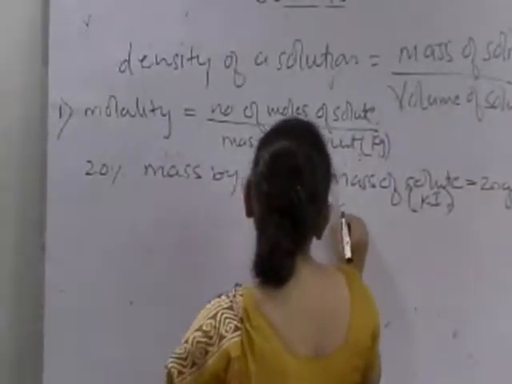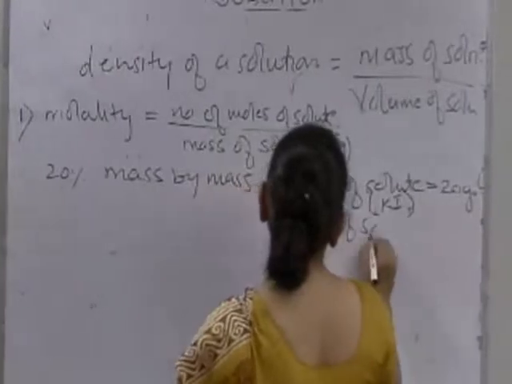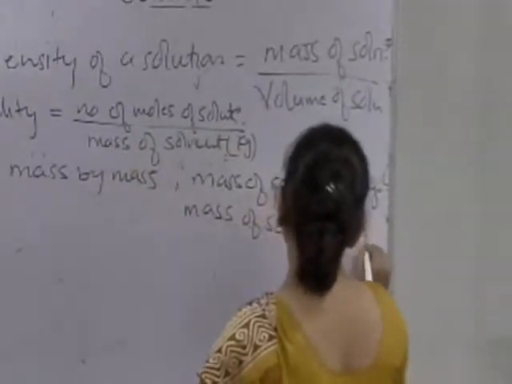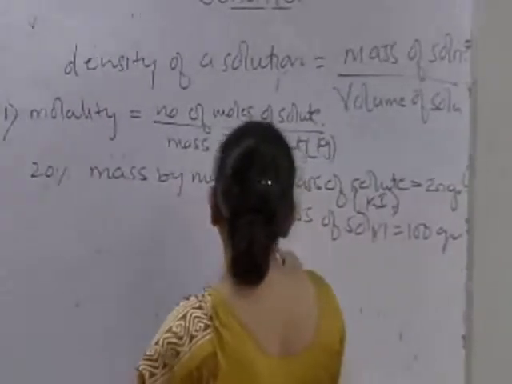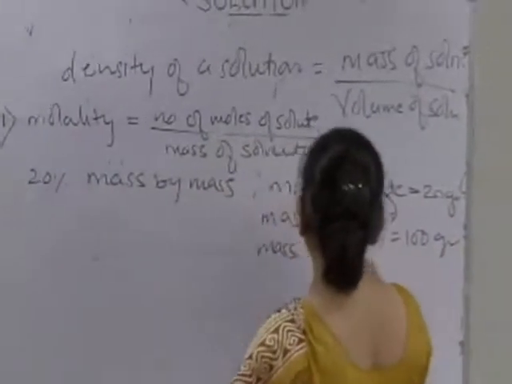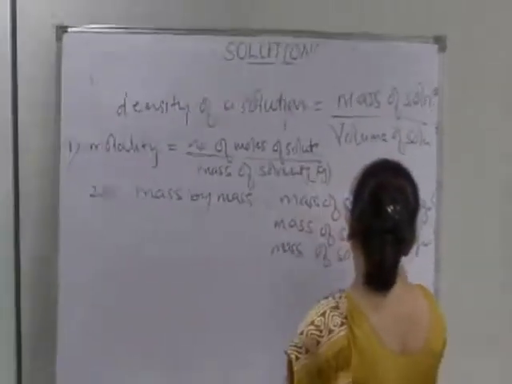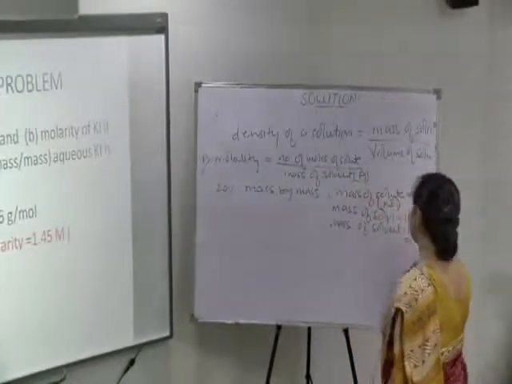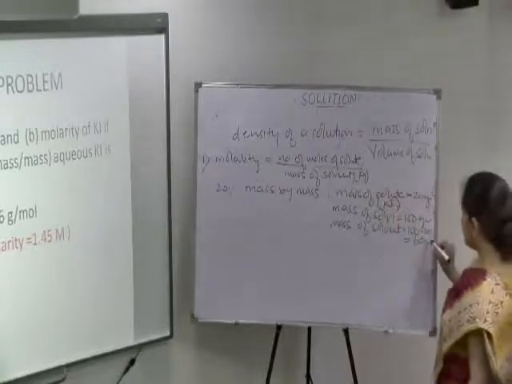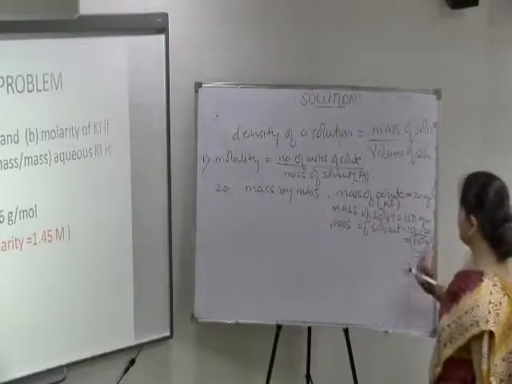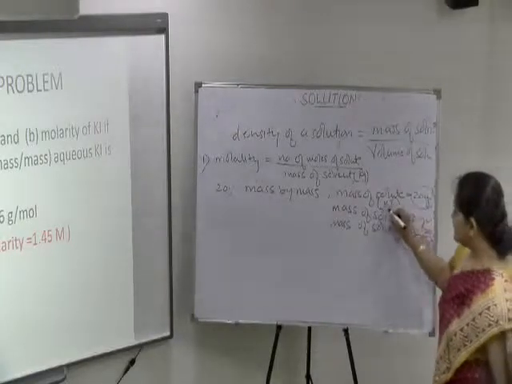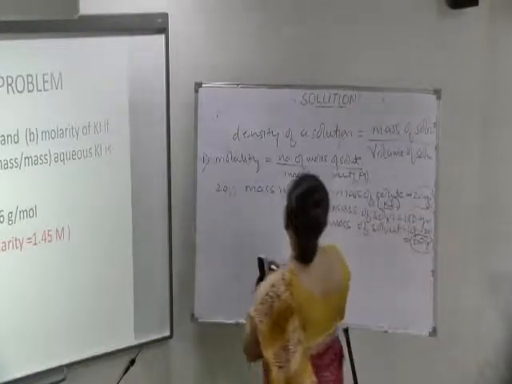So, the mass of solution is 100 grams, or you can say the mass of solvent is 100 minus 20, which is 80 grams. So you have the mass of the solvent, you have the mass of your solute, you can calculate the molar mass of the KI.